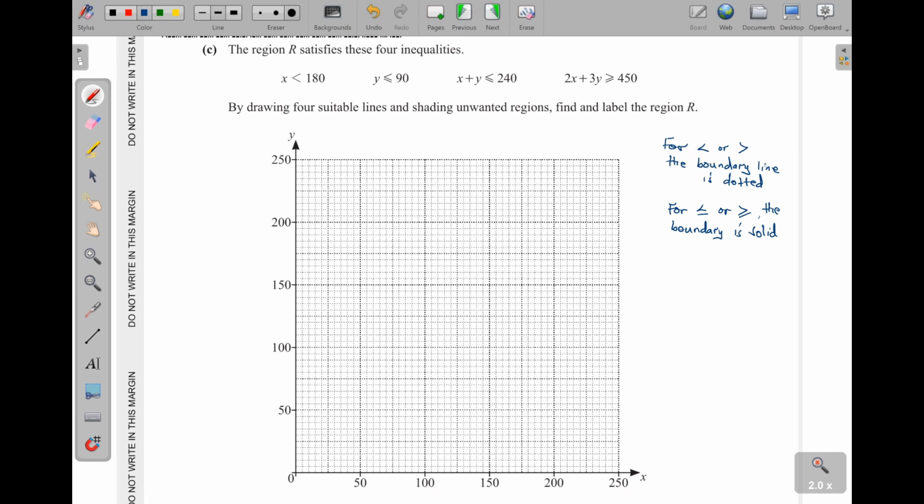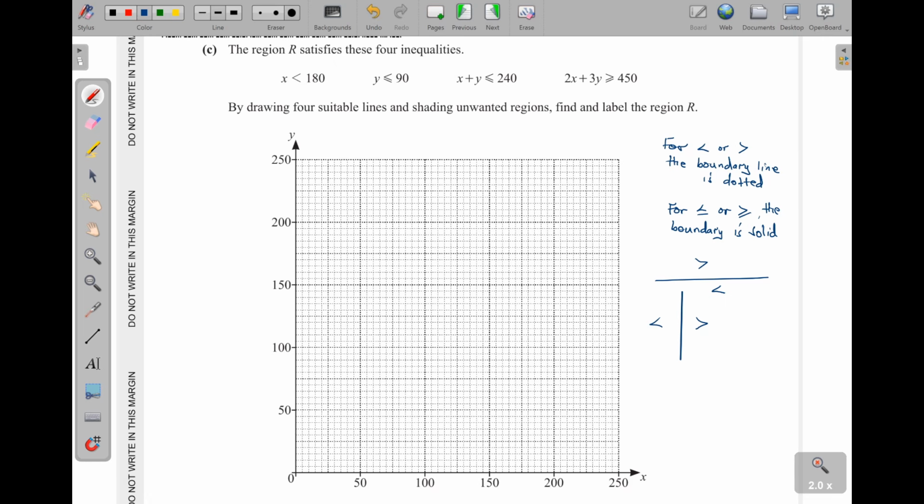Then for horizontal lines, the region above represents the greater than, the region below represents less than. For vertical lines, the side on the right represents the greater than, and the left the less than.